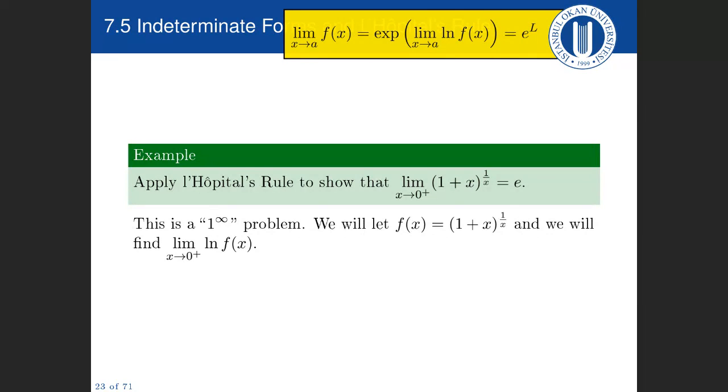We're going to let f of x be 1 plus x to the power 1 over x. And then instead of calculating the limit of f, we're instead going to calculate the limit of ln of f. After we've found this limit, we'll do e to the power of this limit, and then we'll get the answer that we really want.